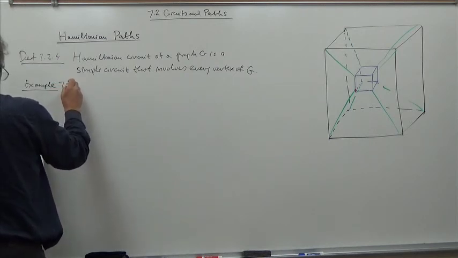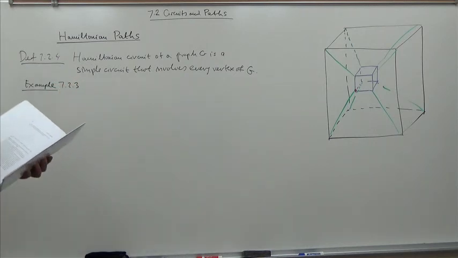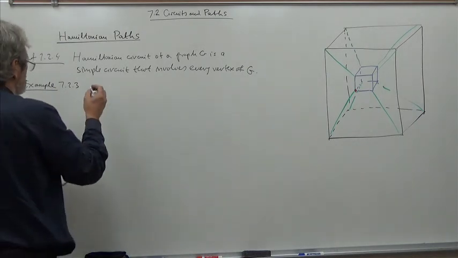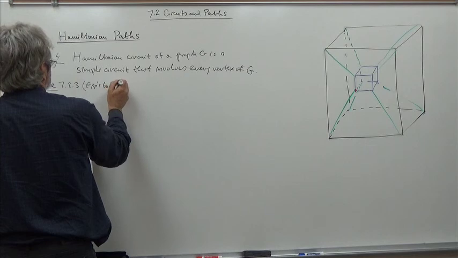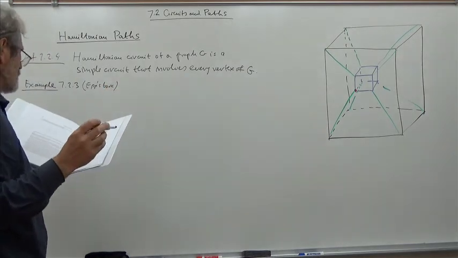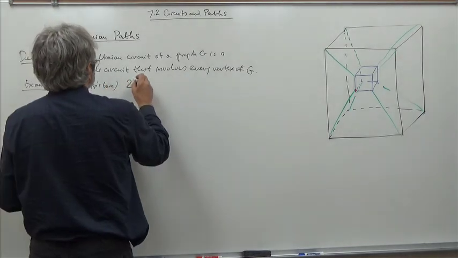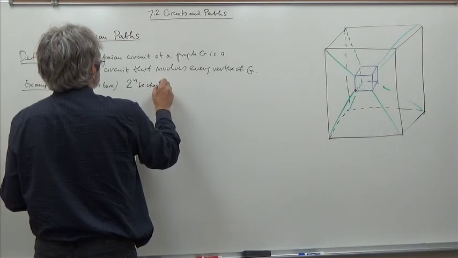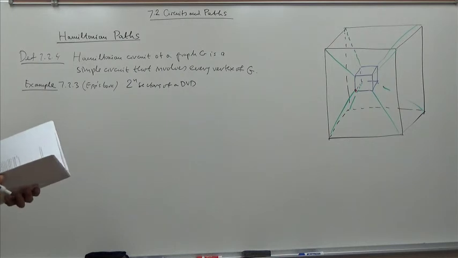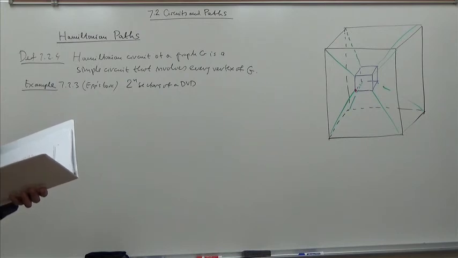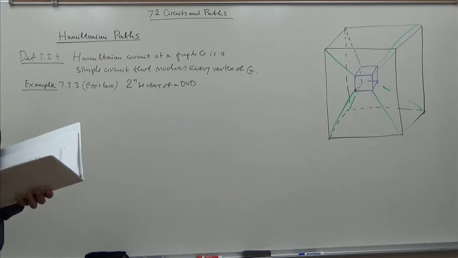Example 7.2.3. Goal is to label, I got it from the Epps book actually, the book that we use as a reference. Goal is to label 2 to the n sectors of a DVD so that each two neighboring sectors have only 1 digit different.